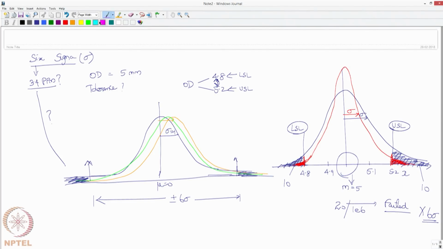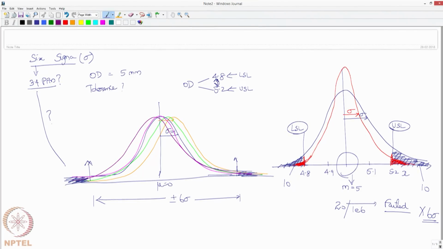The next day morning you come back, you might get this. The next day afternoon you might get this. There is a likely chance that the variation might more or less remain the same, but my mean itself could vary. There is a mean shift possibility.